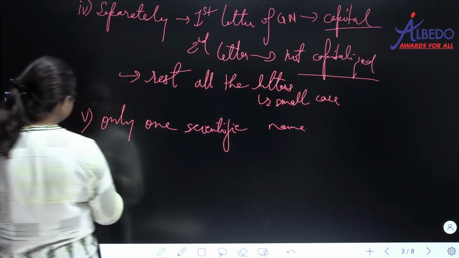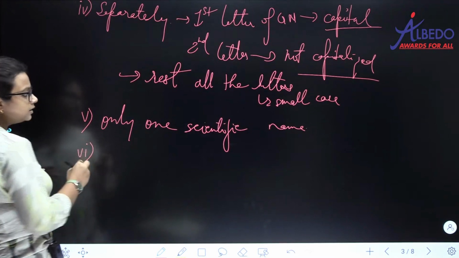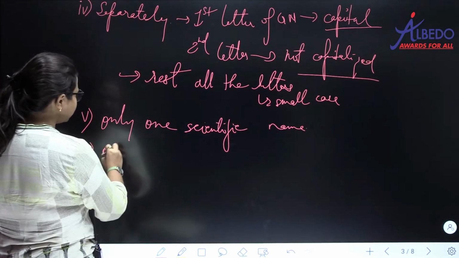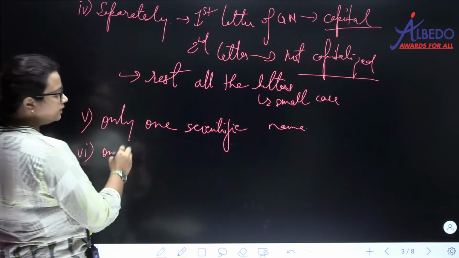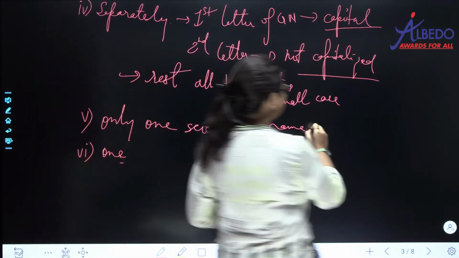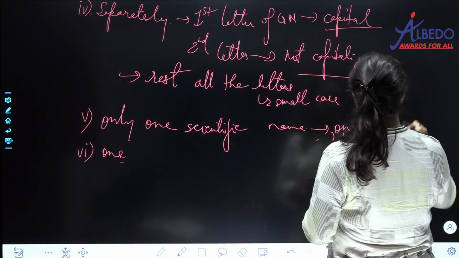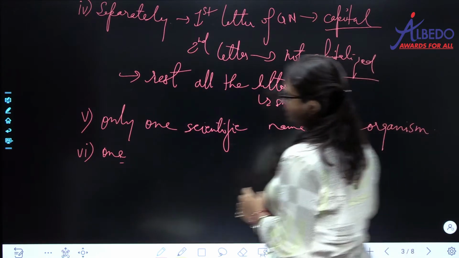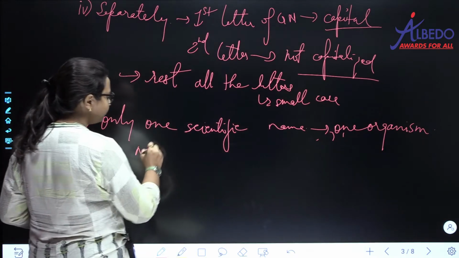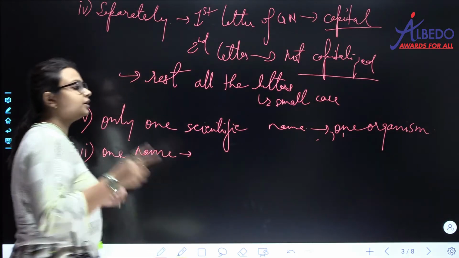Next, the opposite of this is also true: one scientific name for one organism, and one name must denote a particular organism.